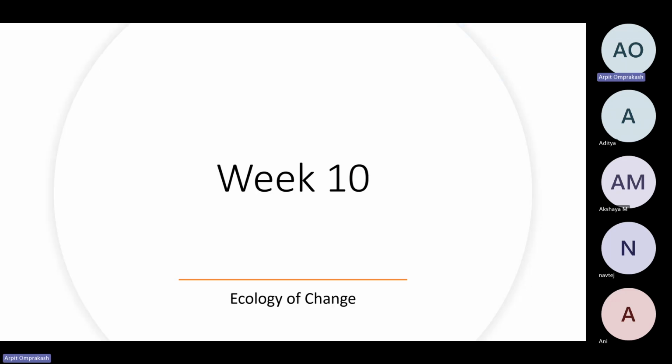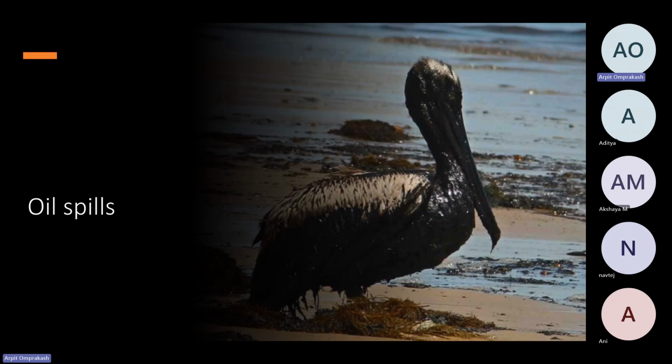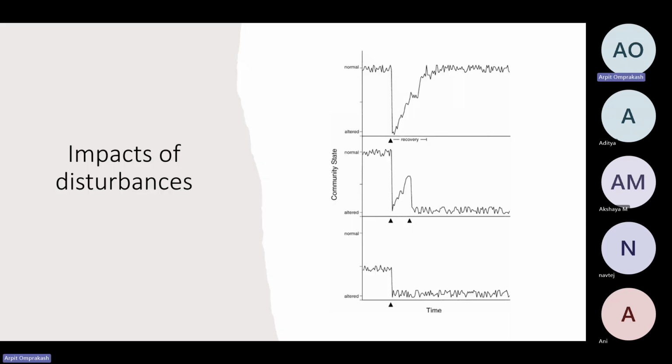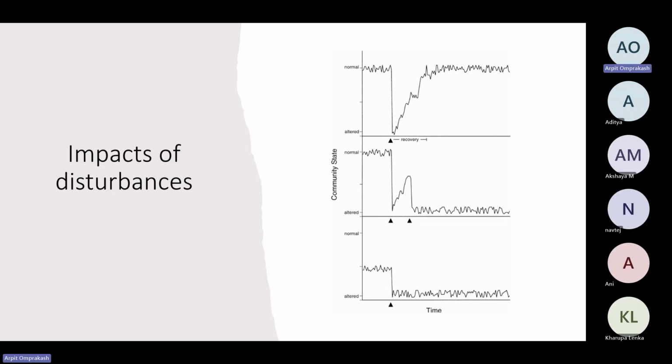So week 10, Ecology of Change. The first lecture was on oil spills. This graph shows us what happens to the community in case of a large but infrequent disturbance. In the first case, the community was initially in a normal state.